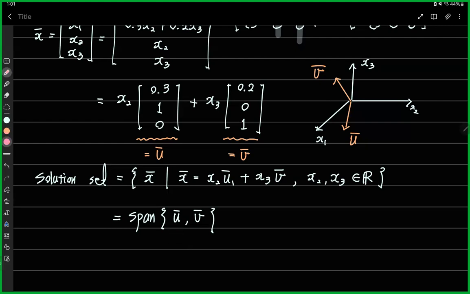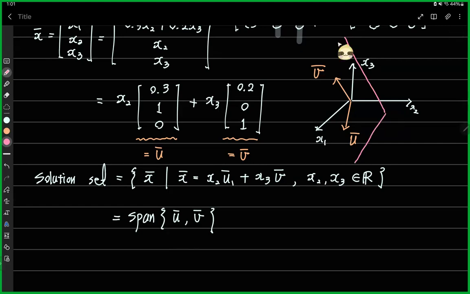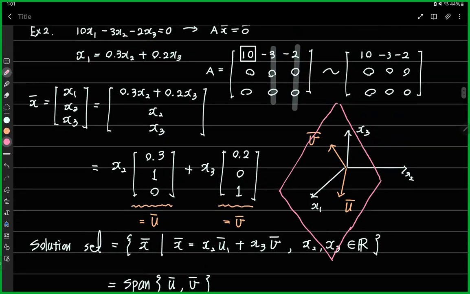So maybe it's hard to illustrate the plane. Maybe a plane like this, okay? So the x bar solution set is that plane. Any vector on the plane must be a solution of that homogeneous system, I mean, this equation.